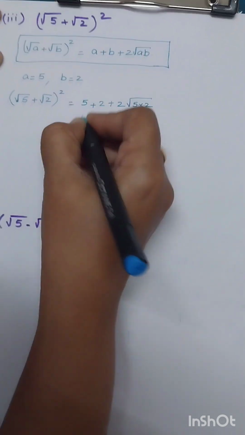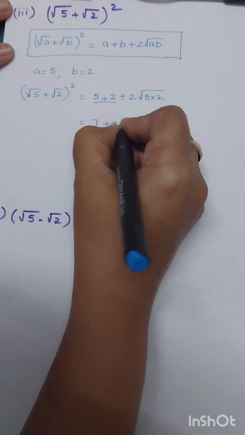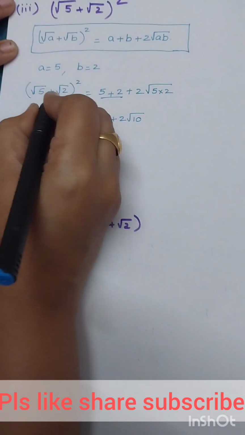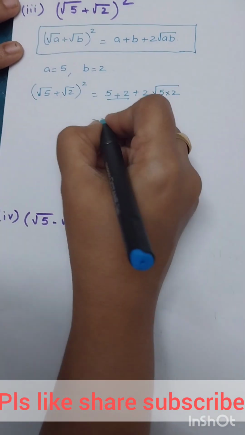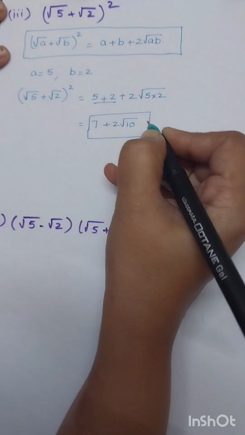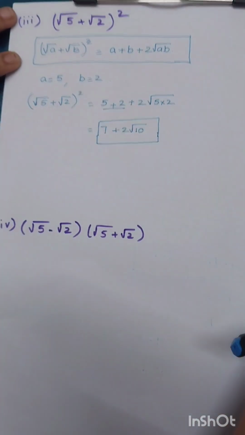So what does this give? 5 plus 2 gives 7, plus 2 into 5 2s gives 10. So (root 5 plus root 2) whole square will give 7 plus 2 root 10. This cannot be simplified further. This is the answer for this.